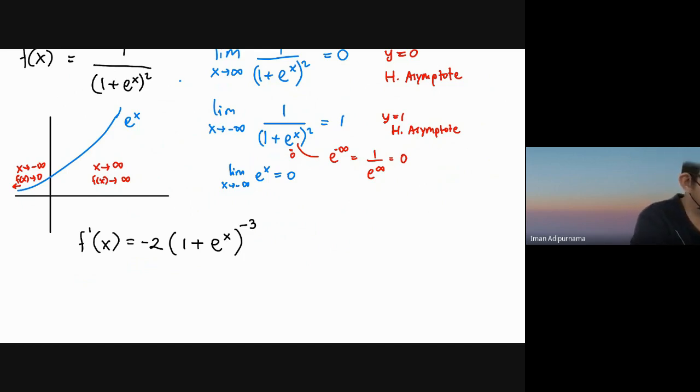And then multiply with the chain rule, e to the x. Or we can write this as negative 2 e with power of x divided by 1 plus e with power of x, to the power of 3.